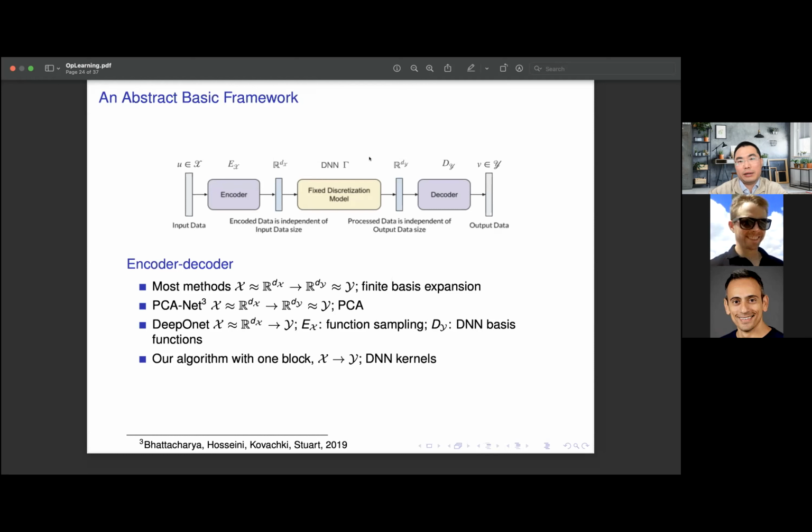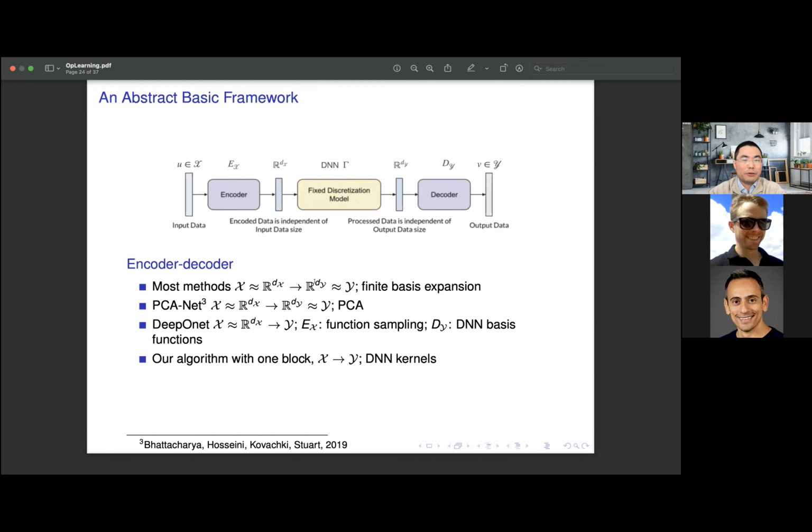So once we can understand the theoretical performance of a learning algorithm with this basic structure, we can extend the analysis to analyze more complicated neural networks. So in the theoretical analysis, we focus on this basic structure, where we have encoder, decoder, and fixed size neural network.